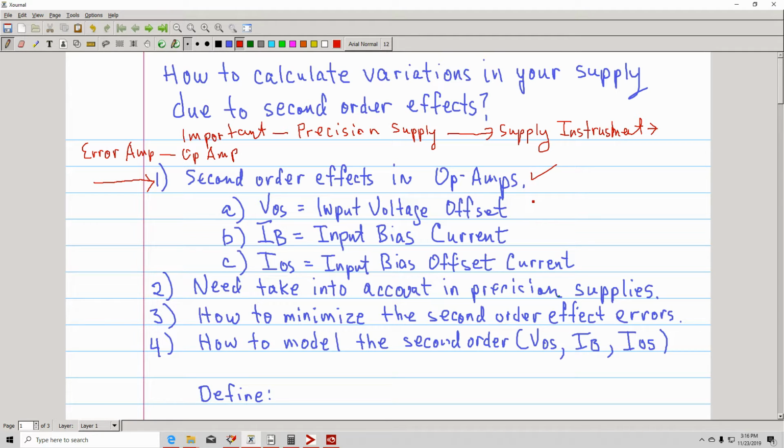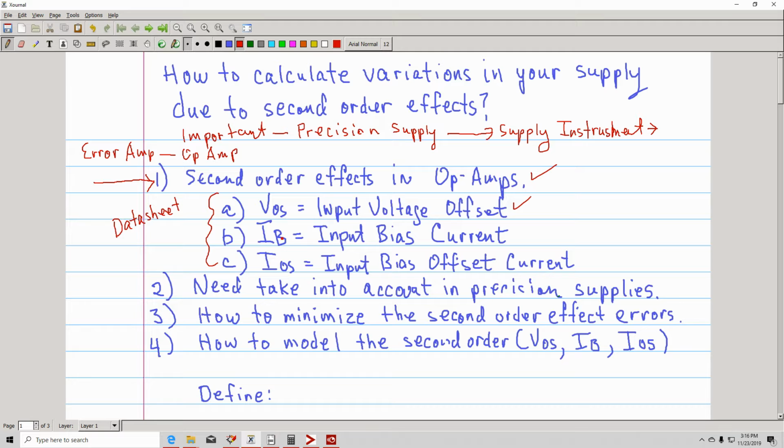There are three basic parameters that you have to be aware of, and you can find them in the data sheet of the op amp that you're using. The first parameter is VOS, which is the input offset voltage.